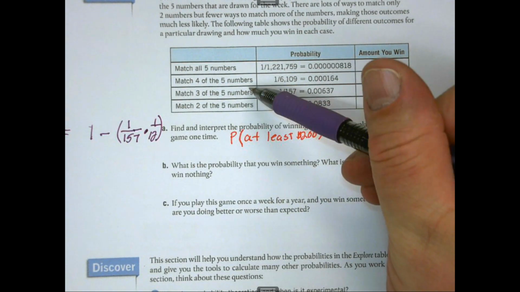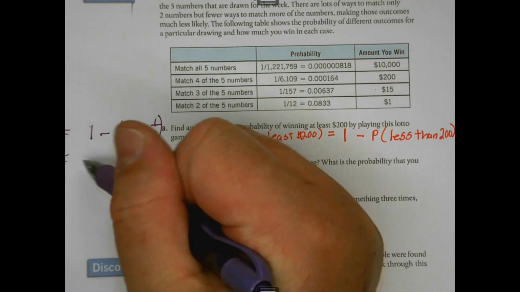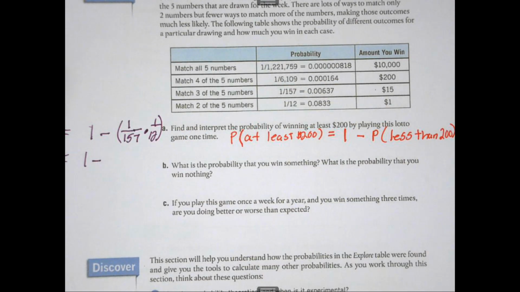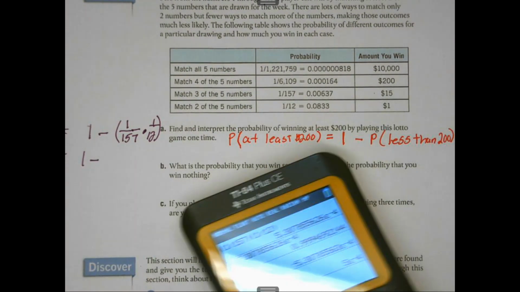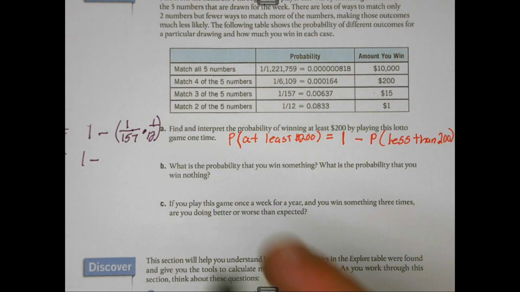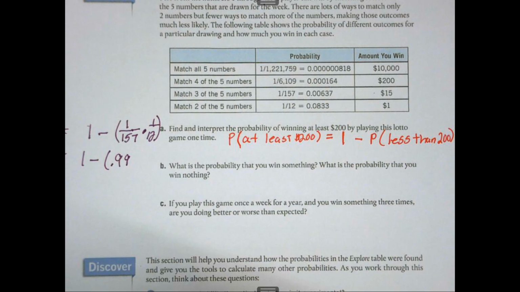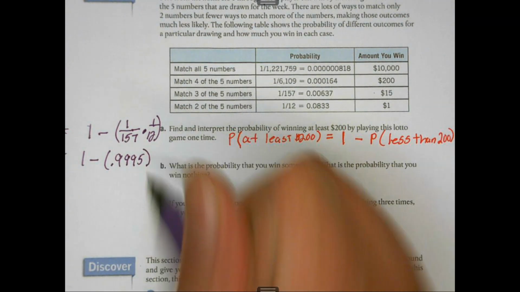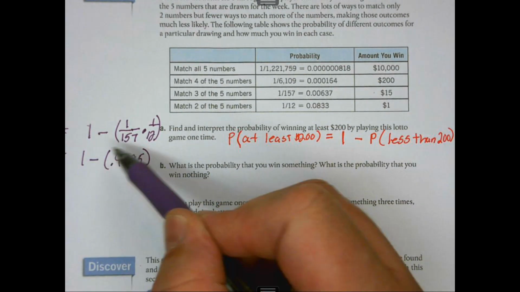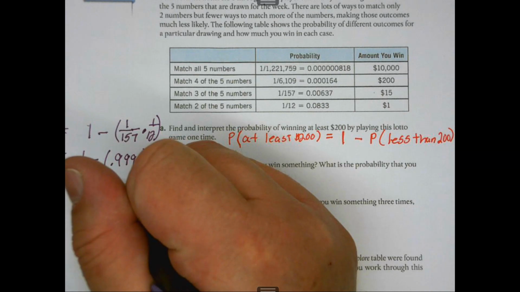So this equals 1 minus, if I use my calculator, I think I did this earlier, I get 0.9995. And when I subtract 1 minus 0.9995, I can do this in my head, I get 0.0005.